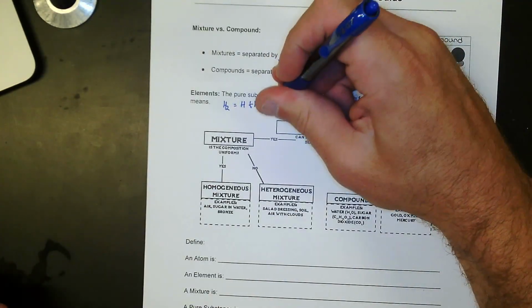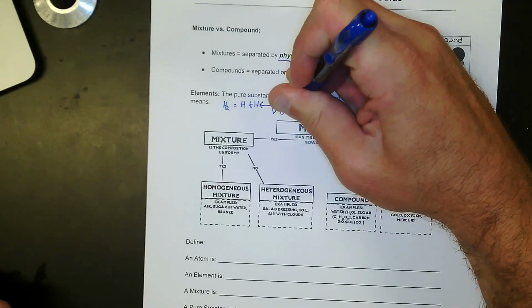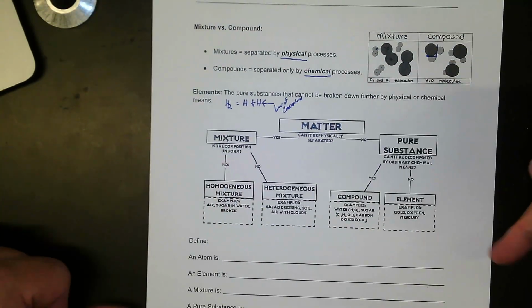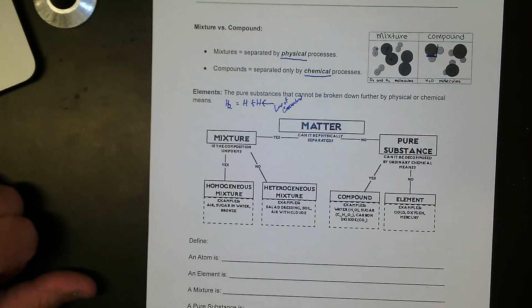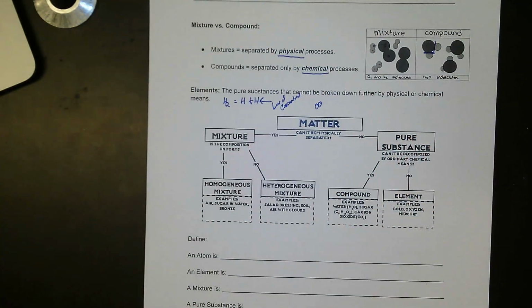This is where the law of conservation comes into play. The law of conservation says I cannot destroy that atom. I can break the H2 down into its root parts, in this case, the atom of hydrogen, but the elements, even though there's two of them, cannot be broken down into other substances by chemical or physical means.